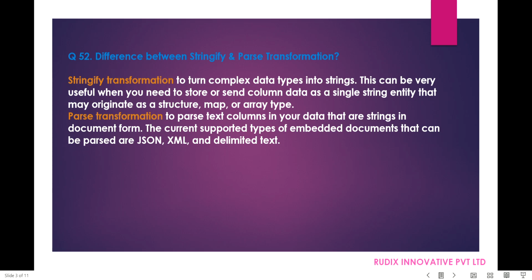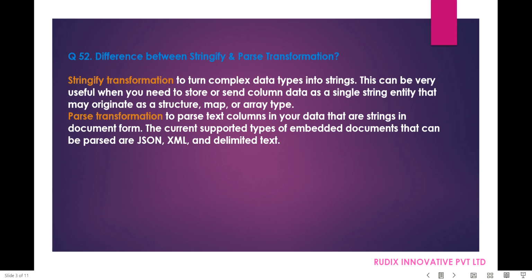The stringify transformation is used to turn complex data types into strings, where we need to store or send column data as a single string entity that may be organized as a structure, map, or array type. So the main difference is that the stringify transformation turns complex data types into strings.